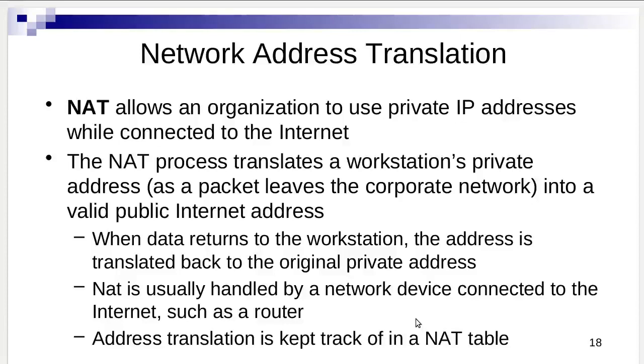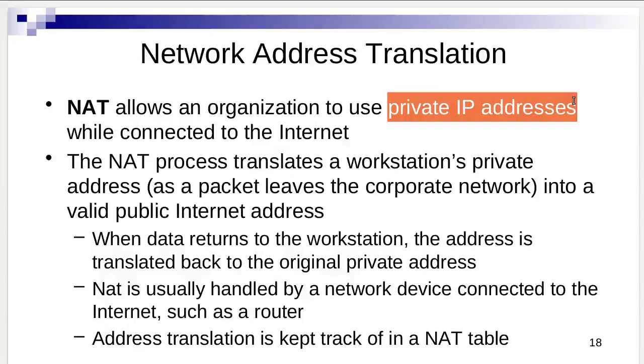So the next thing that we want to look at is network address translation, and this is important because just about every network that we use that uses IPv4 uses network address translation. You don't have to use NAT, but you end up using it because most situations will involve the use of private IP addresses on your network.